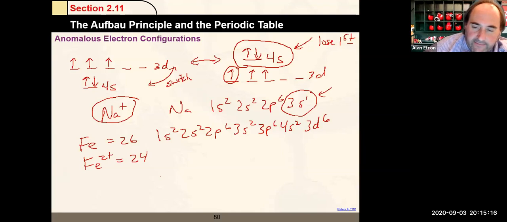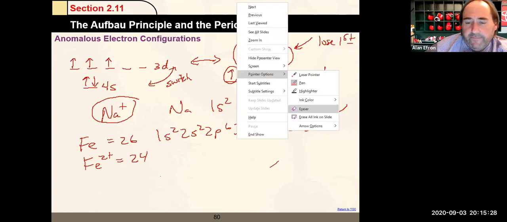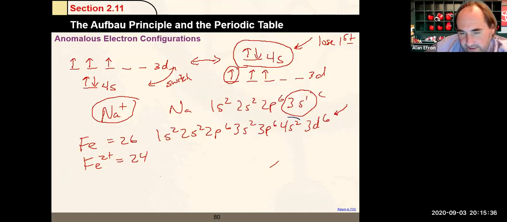And you may be tempted, based on electron configuration, to take those electrons out of the D. But what's going to happen is, because this is a transition metal, it will always lose those S electrons first. So they're actually going to lose these electrons first. This is what's going to come out. Because again, once we get those D electrons in there, the S is actually higher in energy.